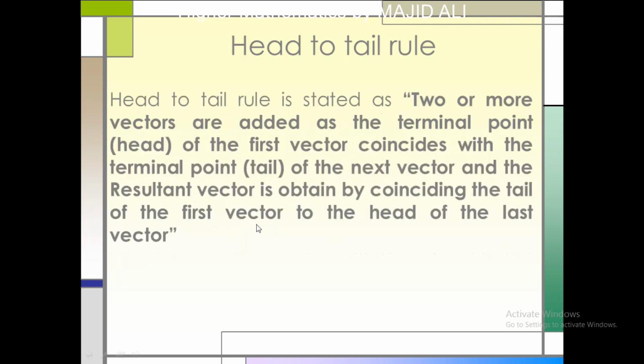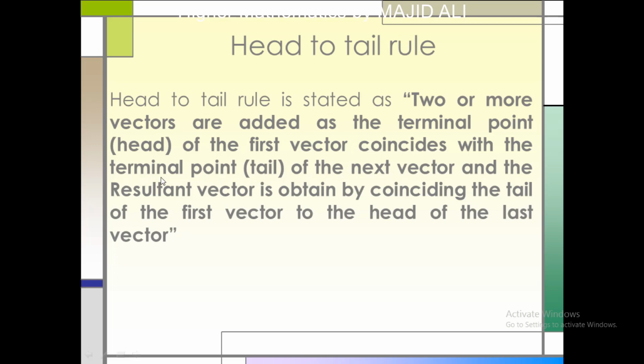Here is the head to tail rule, which is stated as: two or more vectors are added so that the terminal point, which means the head of the first vector, coincides with the initial point, the tail, of the next vector.